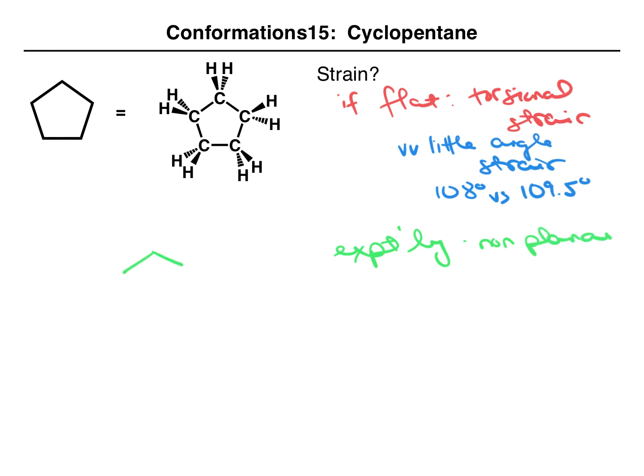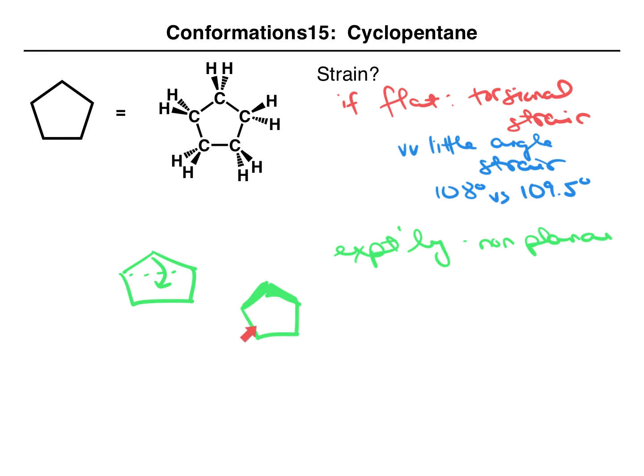So if we think of this kind of like an envelope, then imagine that we are folding down the flap of the envelope. So cyclopentane will take on a conformation, a shape that looks kind of like this.